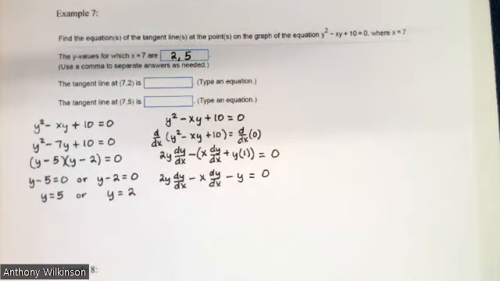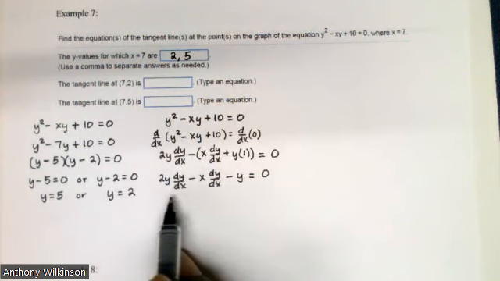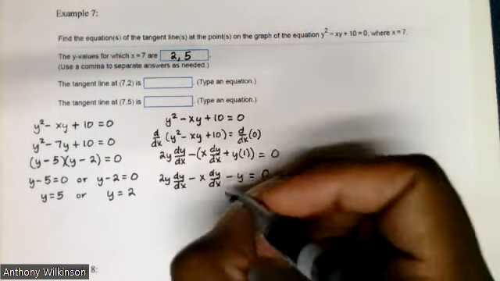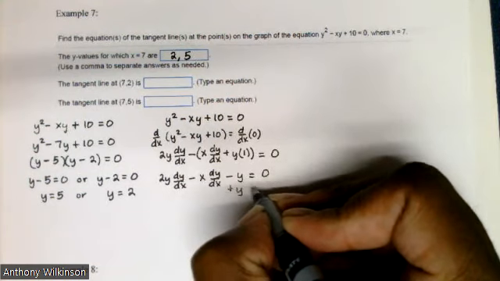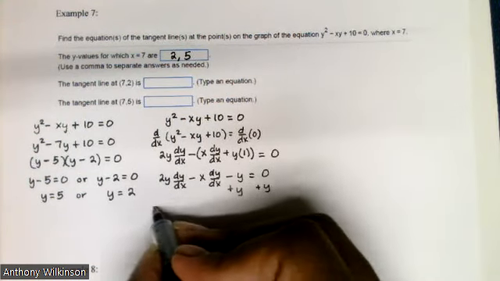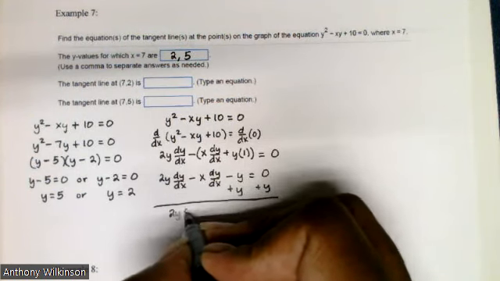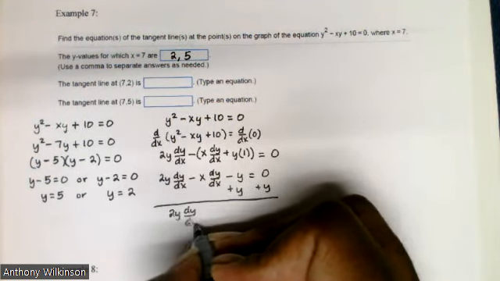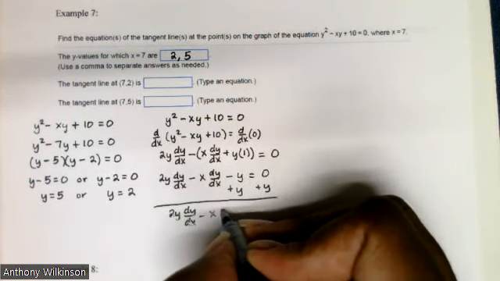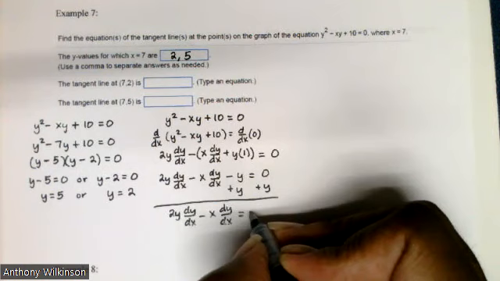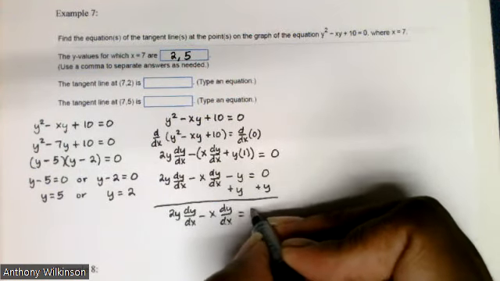Okay, now I'm going to move all the terms that don't have the dy/dx over to the other side. These two terms will remain on the left side, but I need to move the minus y over to the other side by adding y to both sides. That would mean 2y dy/dx minus x dy/dx is equal to y.